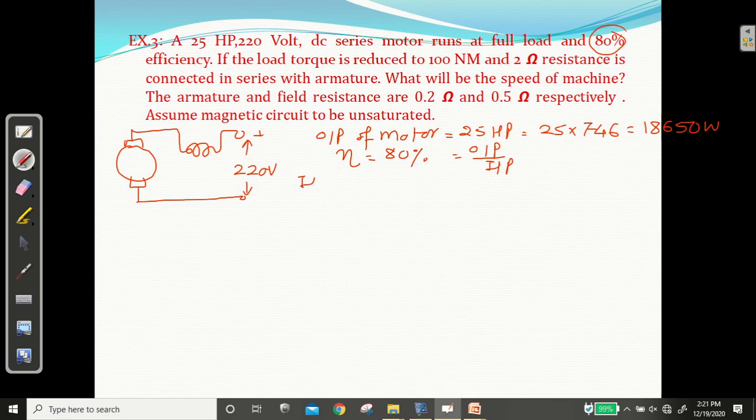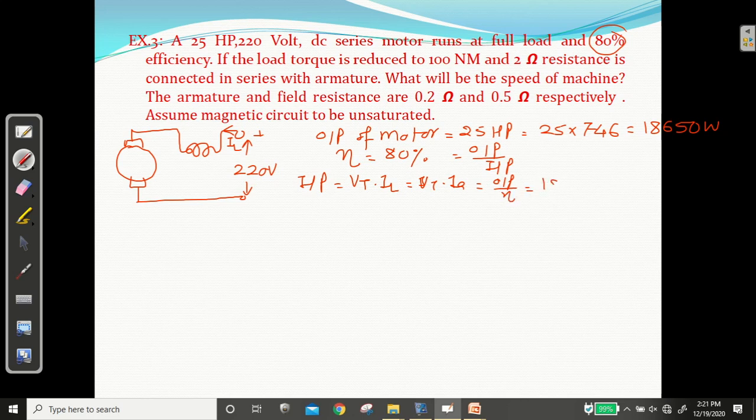Input power is the electrical input power, VT into IL, equal to VT into IA. You can say IL or IA. So input equal to output upon efficiency.